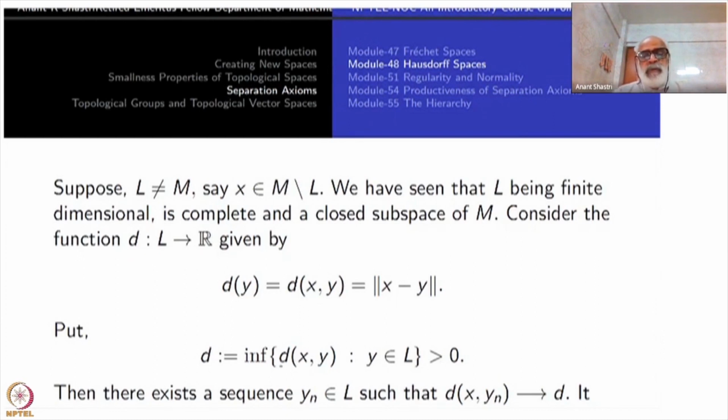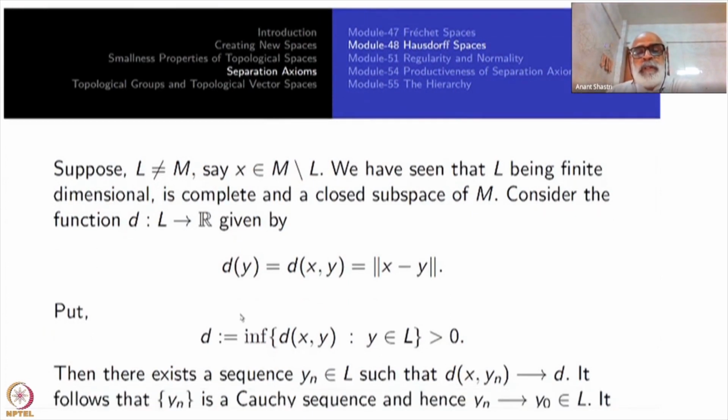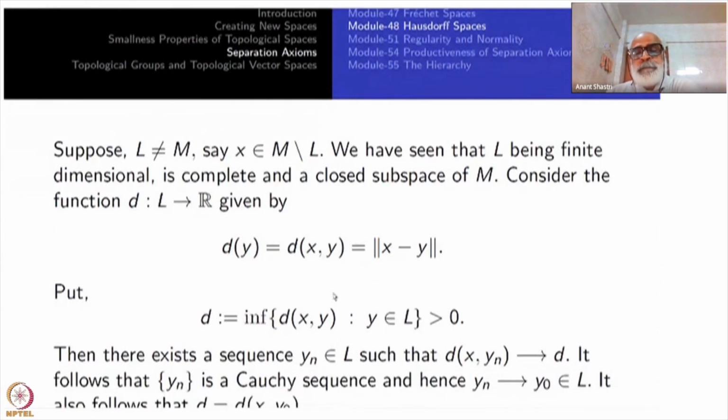Take d to be the infimum of all these d of x, y where y ranges over L. First of all, the distance to some point is already finite, so they are all bounded, and this is non-empty. The distance function is always bounded below, so the infimum makes sense.